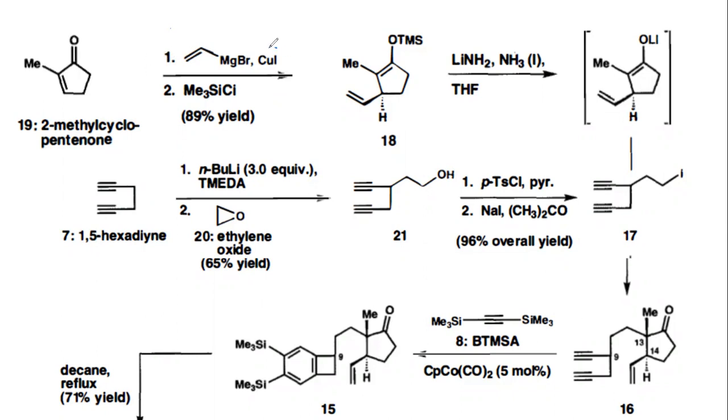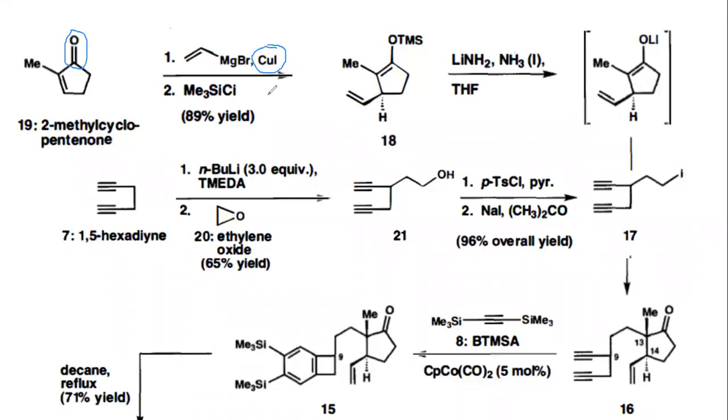If you do not use this cuprous iodide, then this Grignard reagent will be added at this position. However, the presence of this salt alters its addition. As a result, it will add in a 1,4 Michael addition type.